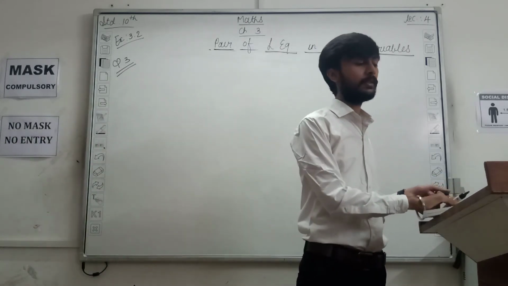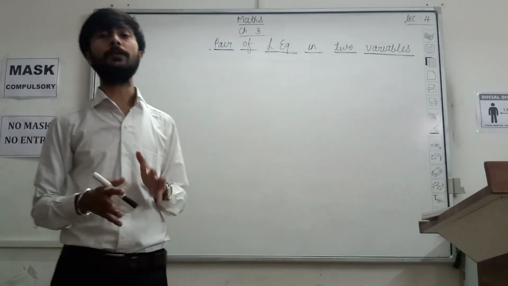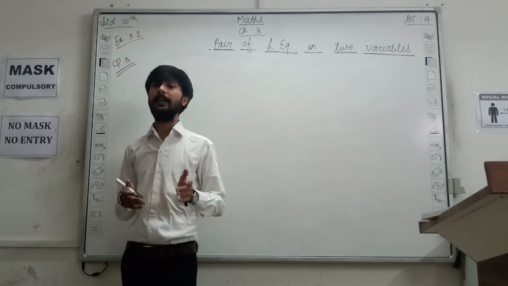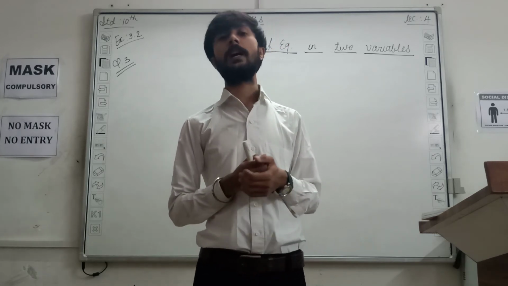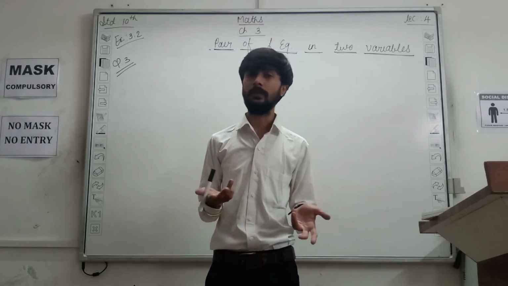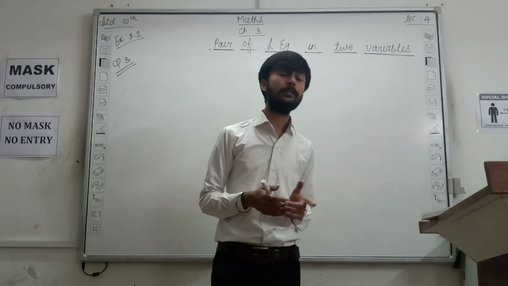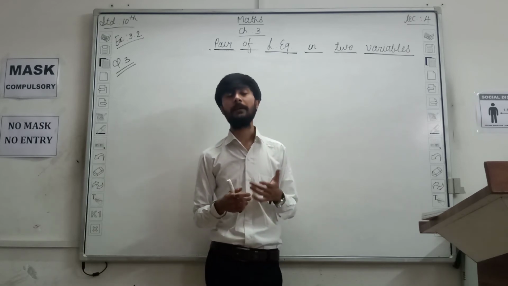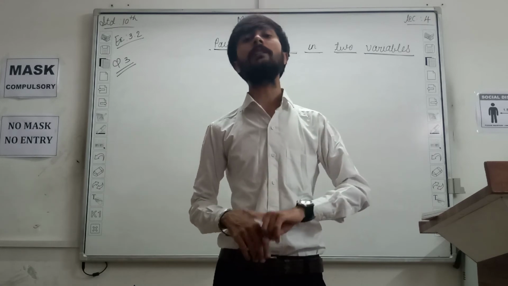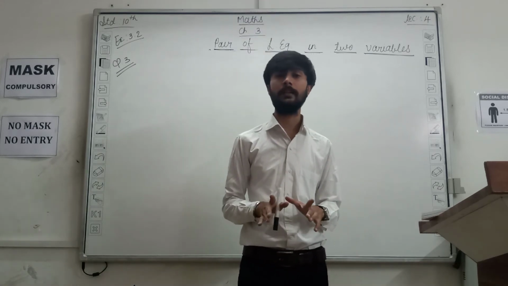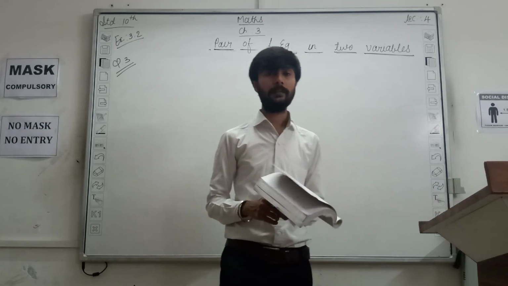As I said in the previous lecture, consistent means it has a solution, its solution is possible, it exists. But inconsistent means if the given pair of linear equations are parallel lines, the solution does not exist, right? So first we need to check the ratios. If the parallel lines condition a1/a2 equals b1/b2 which does not equal c1/c2 is satisfied, that means inconsistent, right? So here also you have to find the same ratios.